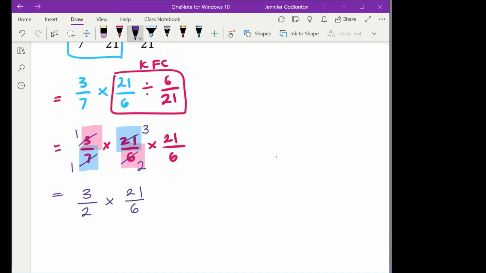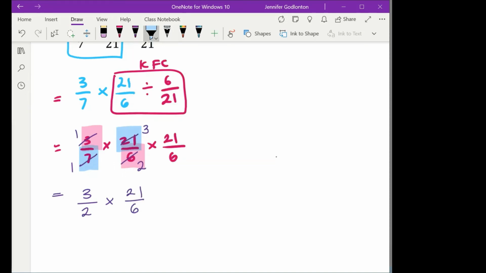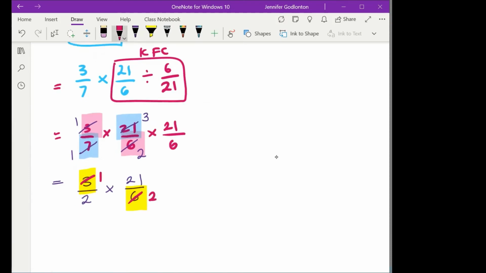Now we can do some more simplifying. I've got a 3 here and a 6 over here. My 3 can go into itself once and into 6 2 times. That's as far as I can go. So I land up with 1 times 21, which is 21, and 2 times 2, which is 4.